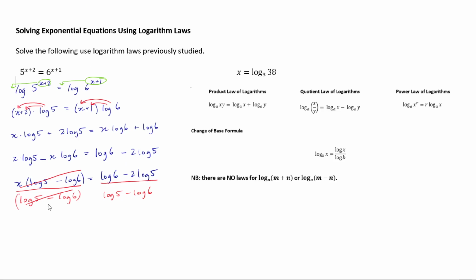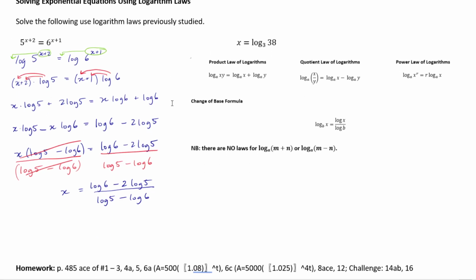So I have an expression for x now. x is equal to the common logarithm of 6 minus 2 times the common logarithm of 5, all over the common logarithm of 5 minus the common logarithm of 6. And then that's just a matter of inputting it into my calculator correctly, and I should get x is approximately equal to 7.8.